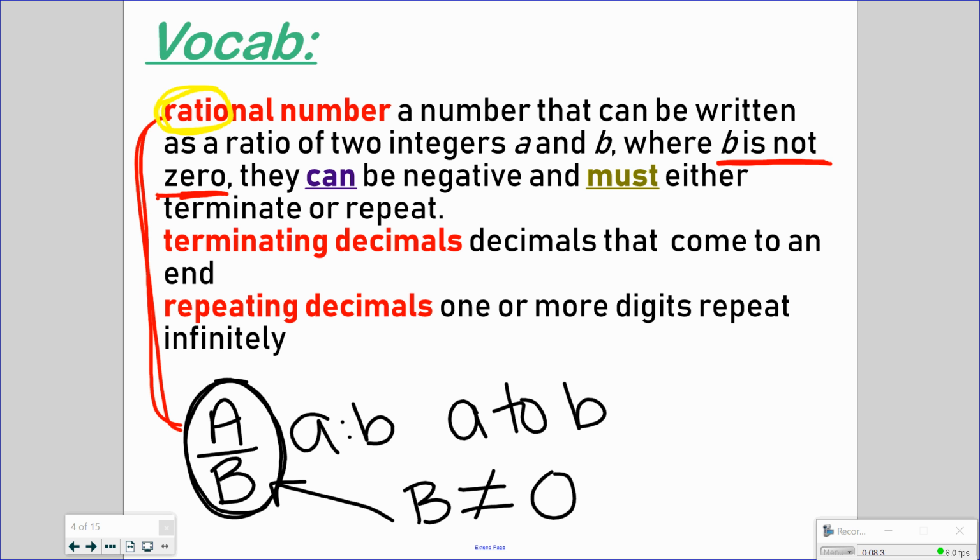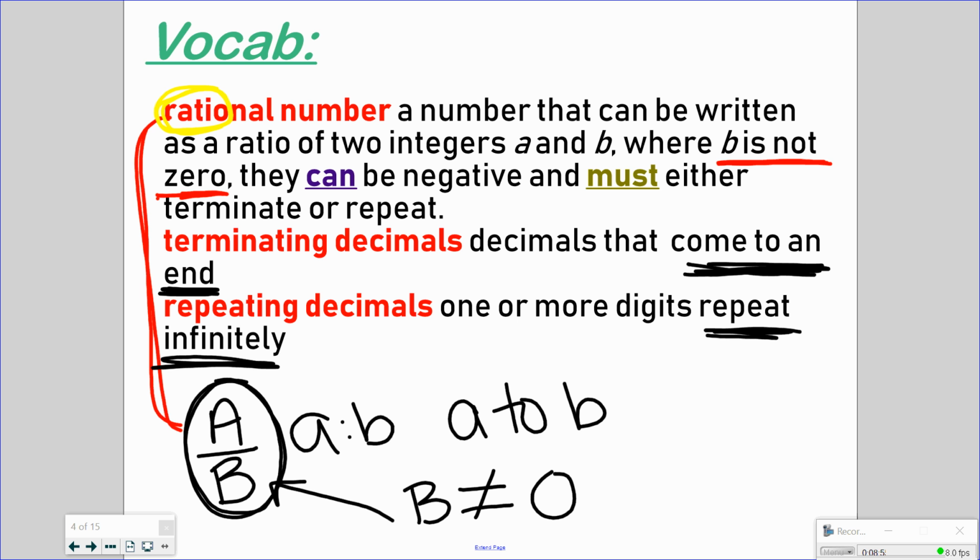We also have a terminating decimal, decimals that come to an end. So that means when you go ahead and divide them, which we'll do in a little bit, there is a final answer. The answer stops, it does not continue, so that means you are done. And then we have repeating decimals where we have 1 or more digits that repeat indefinitely.